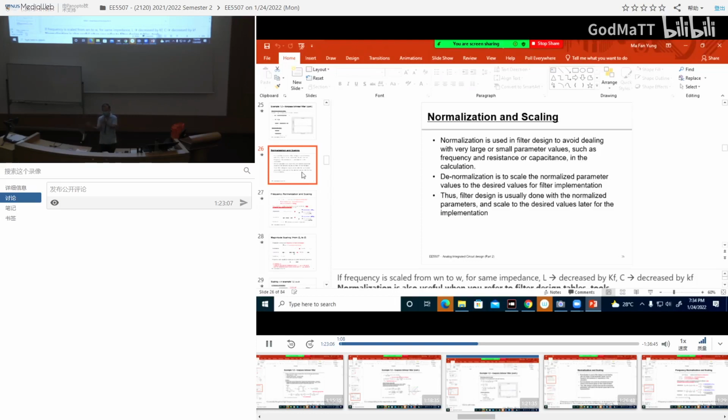So you see we are moving between the Laplace domain and the frequency domain. If you just want to know the DC, you don't have to go to the frequency domain. Just go to the Laplace domain and put S equals 0. Very simple. For very high frequency, you can also stay in the Laplace domain, put S equals infinity, and see what the approximated result is in the transfer function.